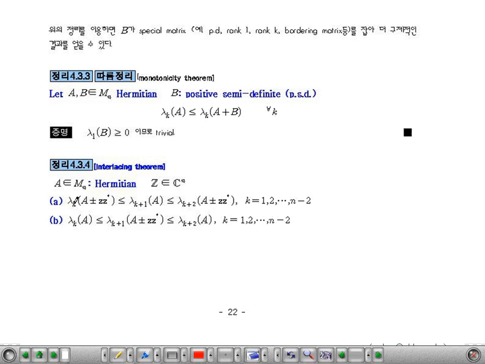Okay, here. So this is a matrix, and this is the n by n rank 1 matrix. From here, we can think about the eigenvalue of this matrix, which also can be obtained.